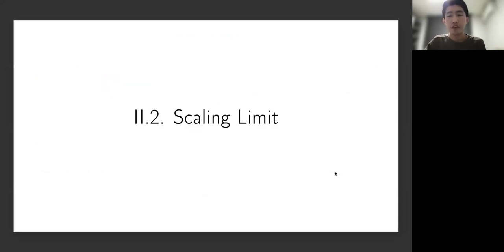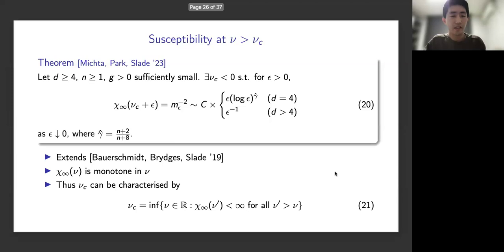The first set of results is about scaling limit. And the first theorem, proved in our first paper, is for dimension greater than or equal to 4, any n-component model and g sufficiently small.